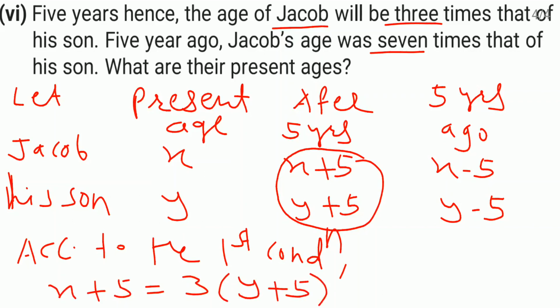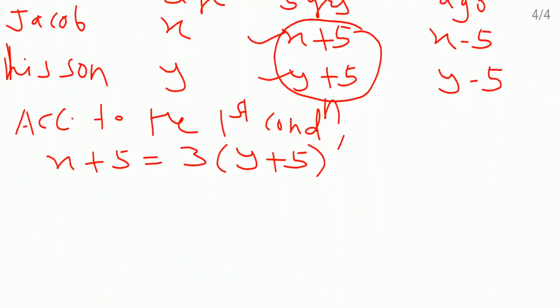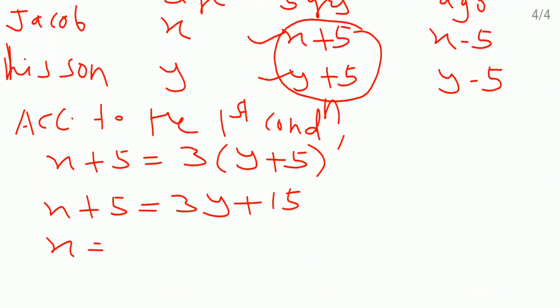So they are talking about the condition after 5 years. Right? So you are going to consider these ages. And then I will write down here x plus 5, which is equal to 3y plus 15. So x is equal to what? 3y plus 15 minus 5. So it becomes plus 10. And I will name it as equation 1.